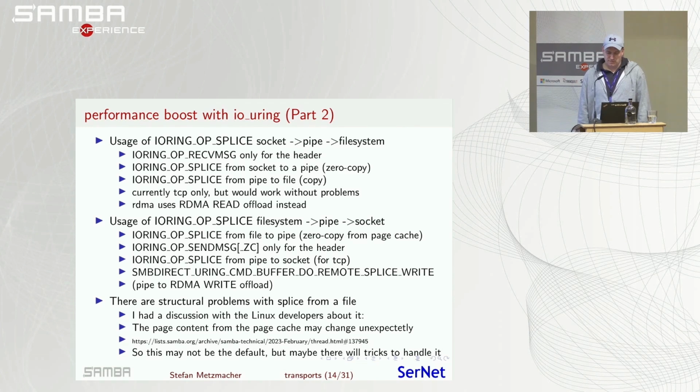But if the same client or a different client actually changes the file, these changes are reflected in the page cache, and that means the pages in the network layer are modified, and maybe the checksums and so on and signatures would not match anymore. That's why we may not use this by default and only on read-only shares or so.